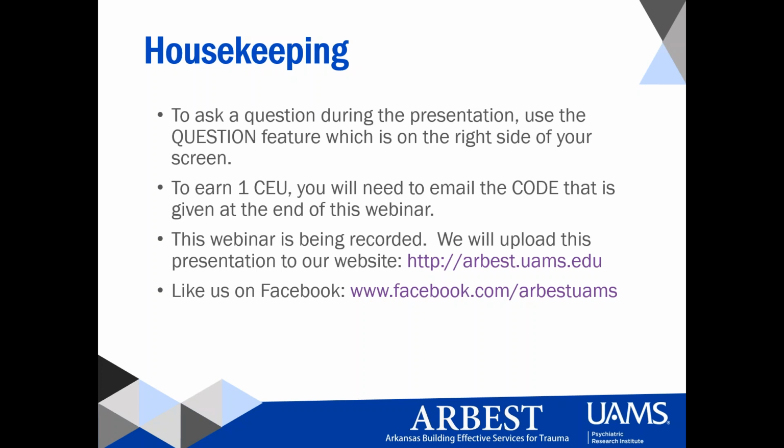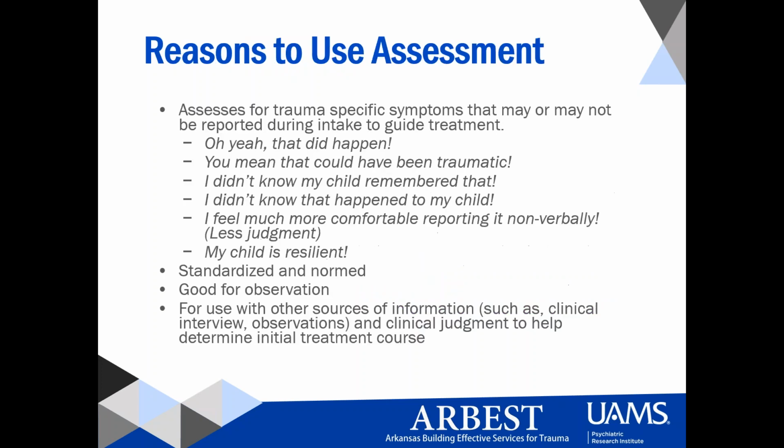Yes, well, welcome everyone. Ben Siegel here. Chad did a great introduction of me. So I'm also part of ARBEST within the UAMS Psychiatric Research Institute. I'm happy to be here today to talk about the CATS, the Child and Adolescent Trauma Screen.